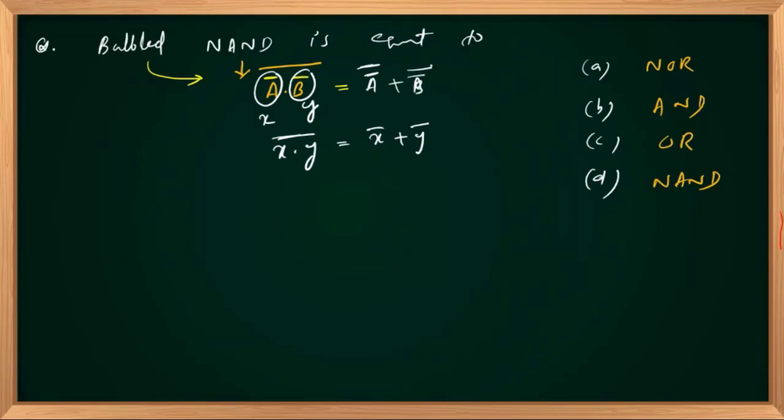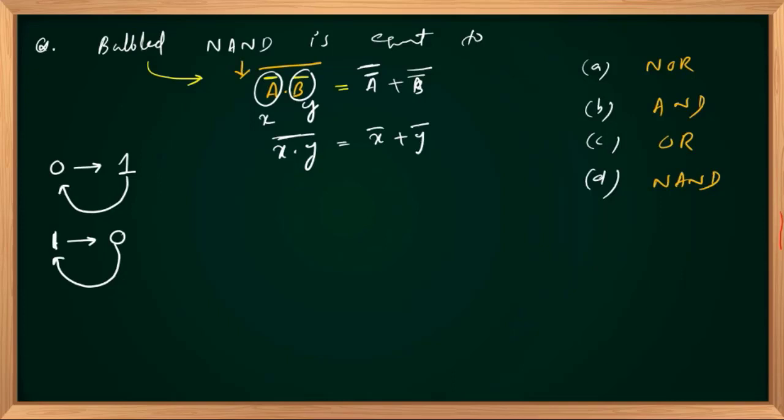So what happens if you are complementing twice? Let us say 0 is there. We have complemented it, we got a 1. We have complemented 1 again, 0 we will get. Similarly, if we are having a 1, complemented became 0. Again, we are complementing the same, then we'll get the original 1.